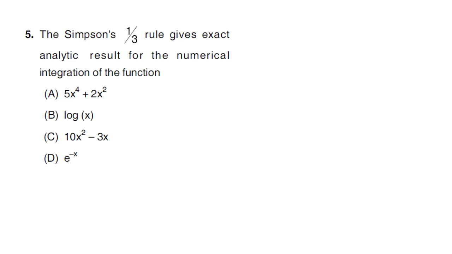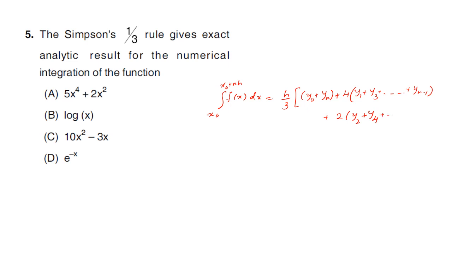So here we know that Simpson's one-third rule is given by the integration of f of x dx from x naught to x naught plus nh, which is h divided by 3 times y naught plus yn plus 4 into y1 plus y3 up to yn minus 1 plus 2 into y2 plus y4, all even terms up to yn minus 2.